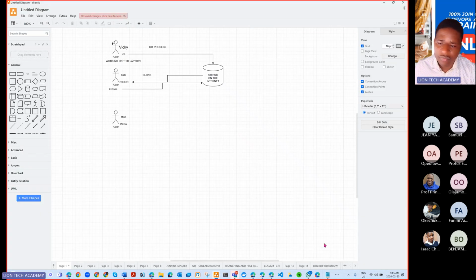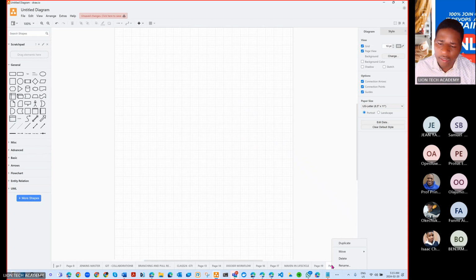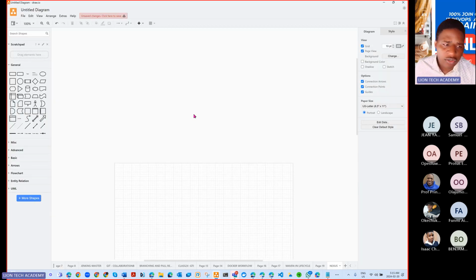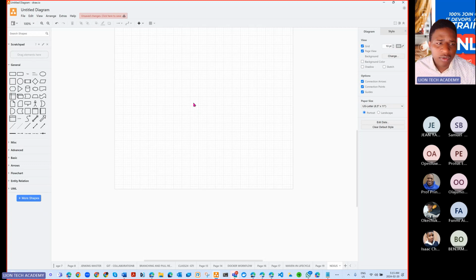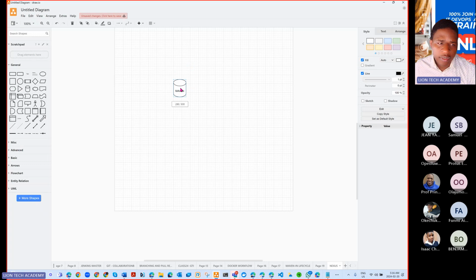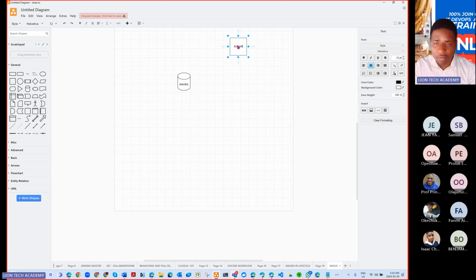Okay, so let's name this Nexus. Let's look at this scenario. This is Maven. We have Maven here, and then we have SonarQube.